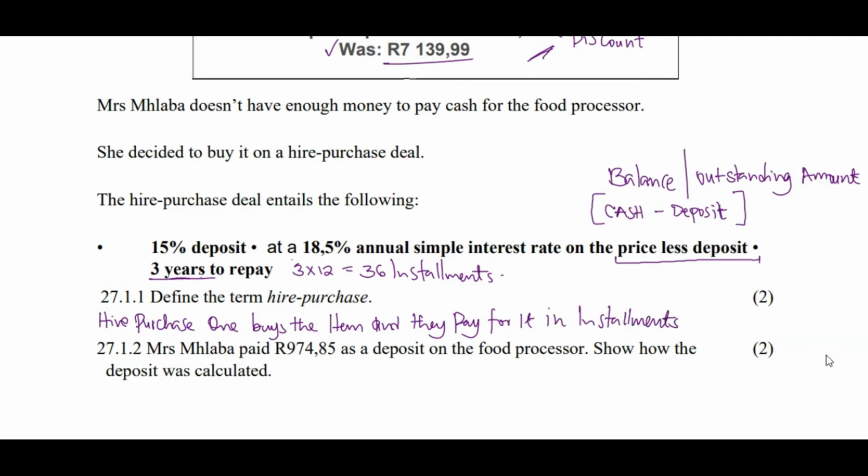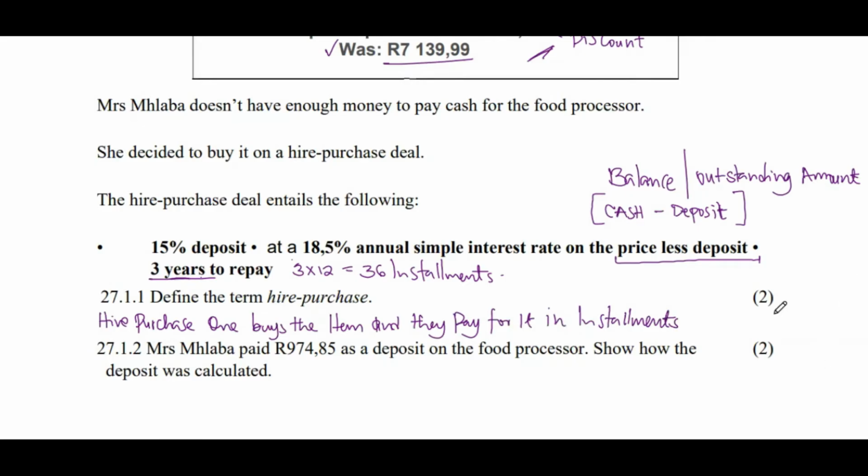Otherwise, it's the same as lay-by. What happens? You go to the person selling the item. You give them a deposit. You take the item, but you'll be paying on a monthly basis.